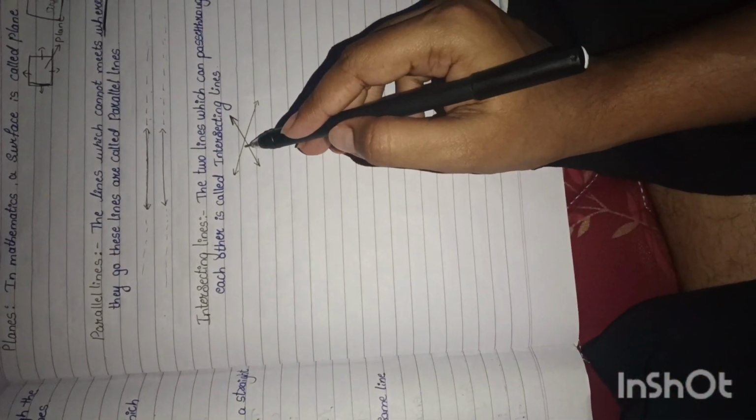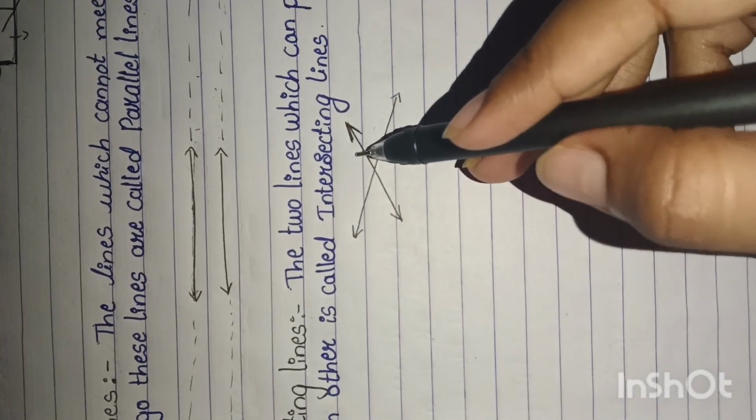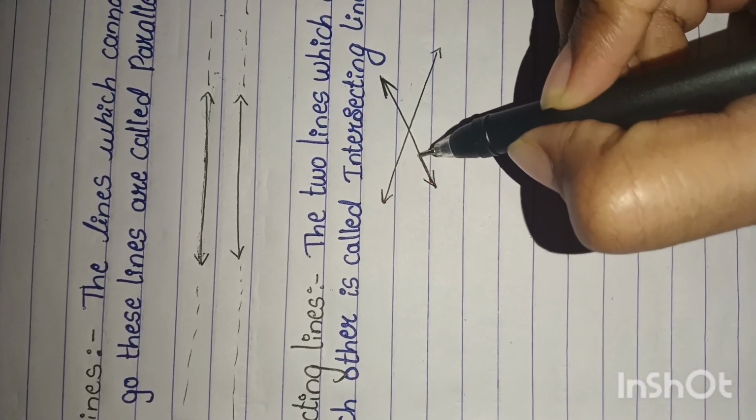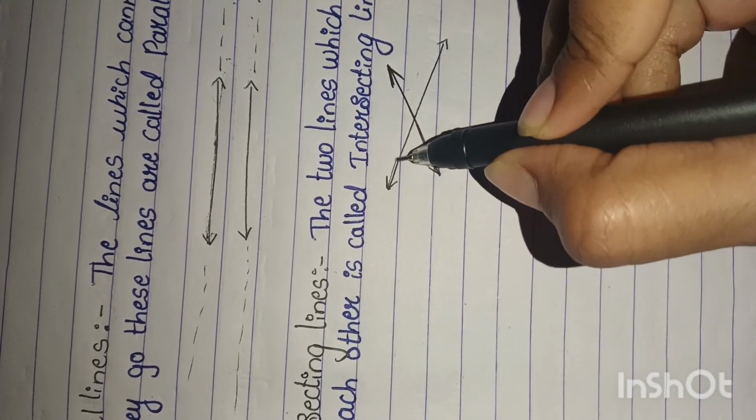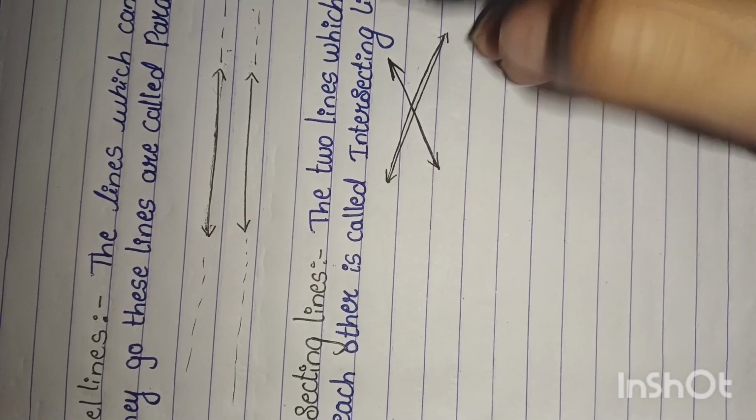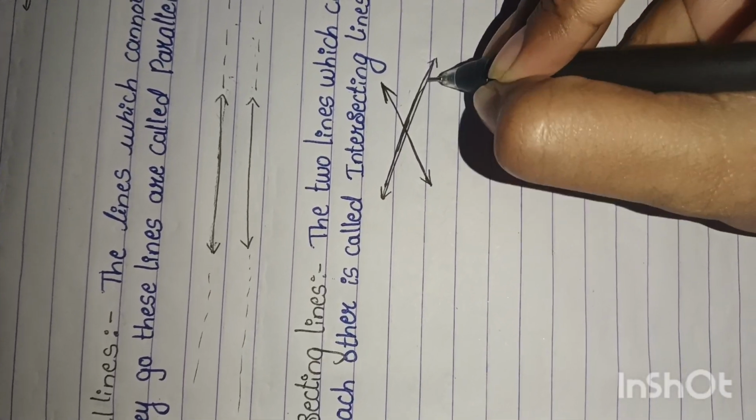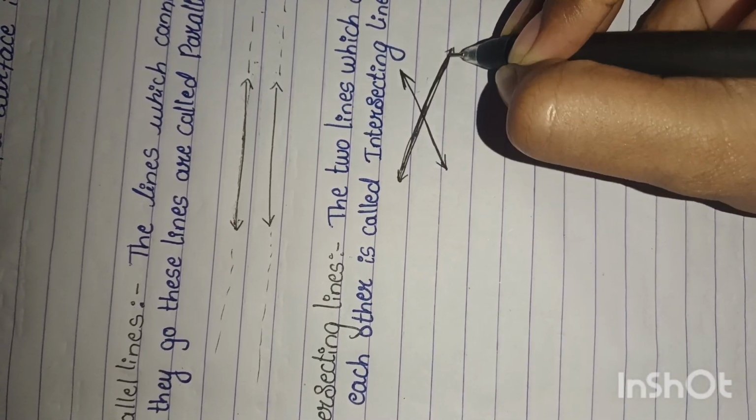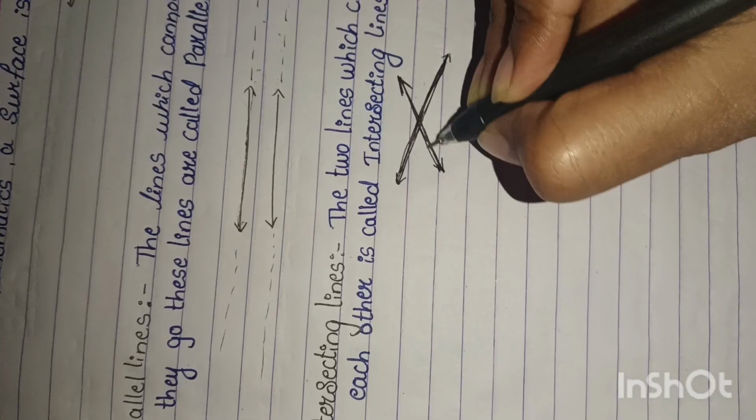Then what about intersecting lines? These are intersecting lines. They are passing through each other. This one is passing through this line.